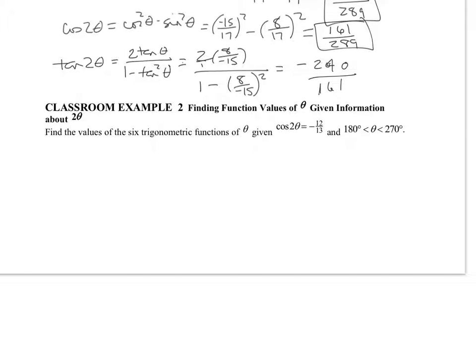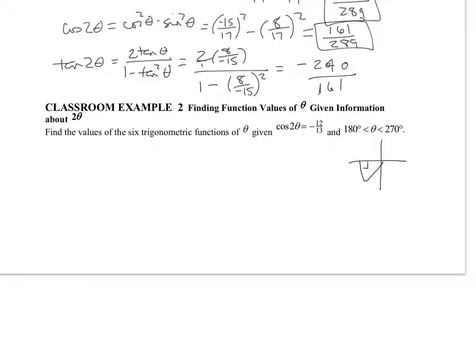Now, this one is a little bit backwards because I know what the ratio of 2 theta is, but I know which quadrant theta is in. How am I going to figure out what all the side lengths are going to be on this right triangle? Because here's what I know. This is in which quadrant? Third. 180 to 270 is a third quadrant right triangle.